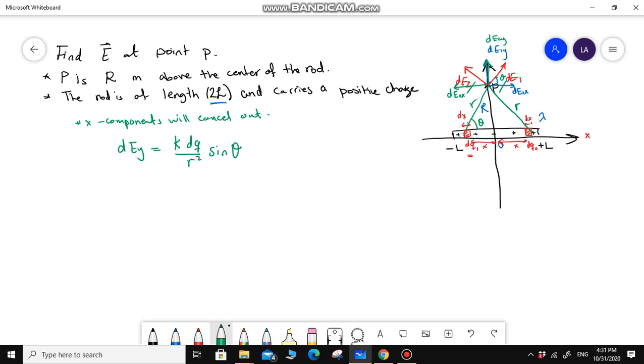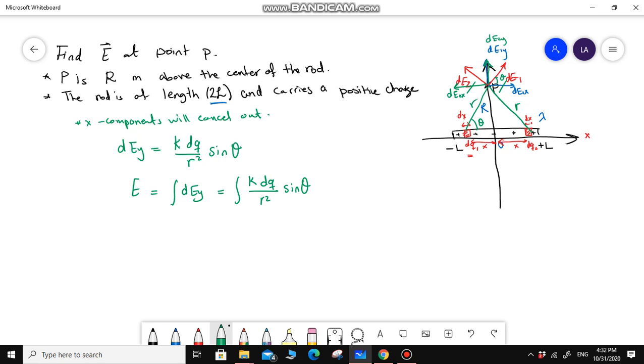So sine theta, as we are used to say that the y component take the sine of the angle with the positive x-axis. So if I want the total E, I will integrate. So total electric field will be the integration of the small pieces of the electric field. Integration is like summation, so it will give me the total field. R squared sine theta.